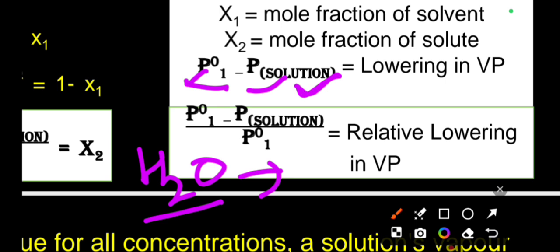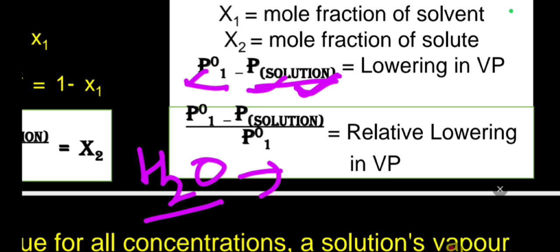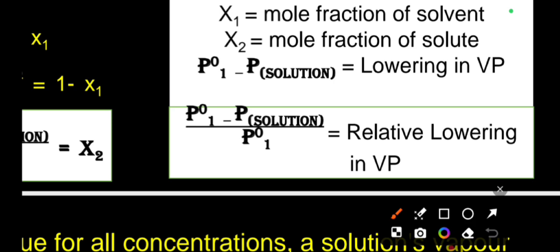Because in P solution, two things are present, solute as well as solvent. And solute will not allow the solvent to evaporate. That's why the vapor pressure of the solution will decrease. It will cover the surface of the solvent. So we can say that because of this term P node minus P solution, some vapor pressure will decrease.